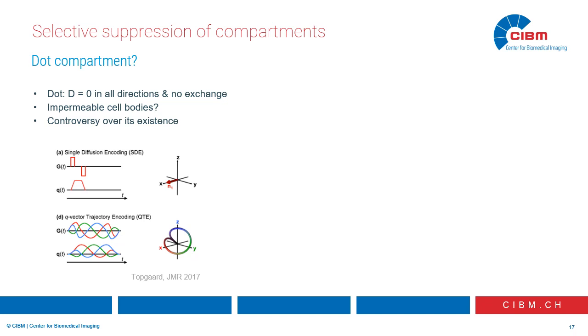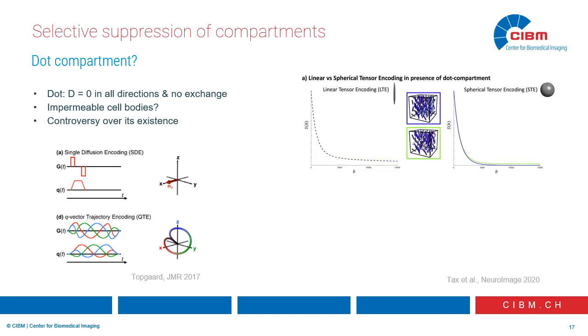So this is called isotropic diffusion encoding, and it allows you then to disentangle sticks or very thin neurites from cell bodies, because essentially the sticks, if you're attenuating the signal in all directions at once, will be heavily attenuated because they will also be sensitive along their main orientation, which is where they have high diffusivity, whereas the small spheres will barely be attenuated at all, even if you do spherical tensor encoding.